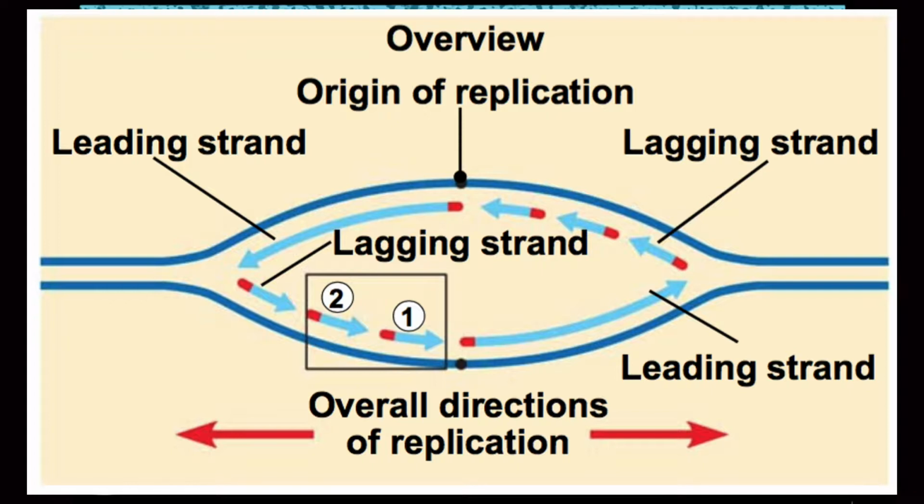RNA polymerase will then make a new primer, and DNA polymerase will make a new segment. This process will repeat over and over again in these discrete steps, building the lagging DNA strand one Okazaki fragment at a time. An enzyme called DNA ligase will come through and seal all of the little breaks between the Okazaki fragments, smoothing them out into a continuous strand of new DNA.